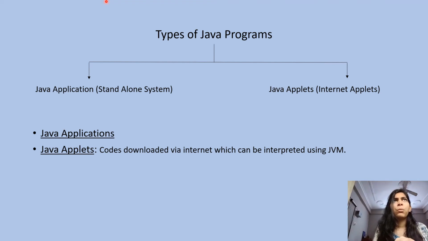The moment you encounter them, your system shall download it, your browser shall convert it, and that's how it works. Now, applications can access all kinds of resources available on the system, right? But applets can only access browser specific services because they are on the browser again. They do not have access to the local system. Very well clear, right?